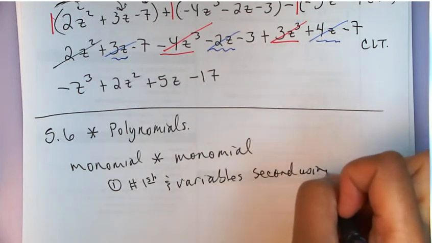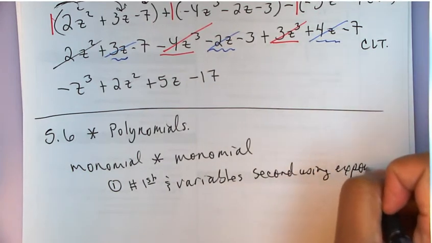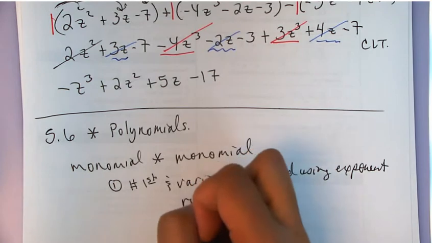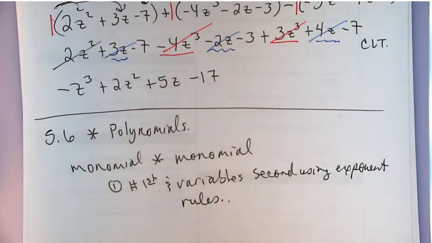So that whole exponent rules thing that we had to do at the beginning of this chapter was literally mainly for where we're going now. We're talking about multiplying polynomials, and we needed exponent rules to be able to do this.